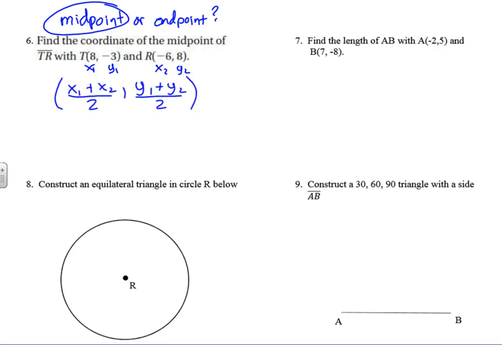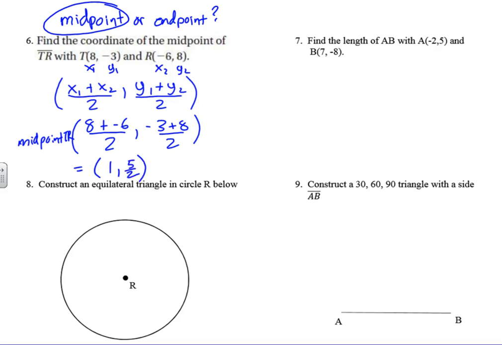You have to add and divide by 2. So 8 plus negative 6 over 2, negative 3 plus 8 over 2. So the midpoint of TR equals, that would be 2 over 2, which is 1, and 5 halves, or 2.5. Okay.